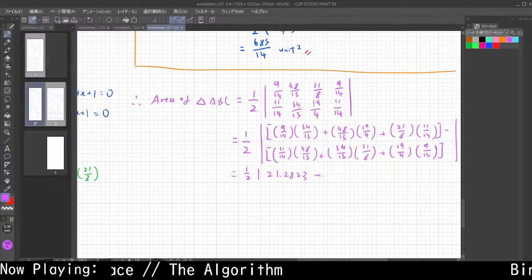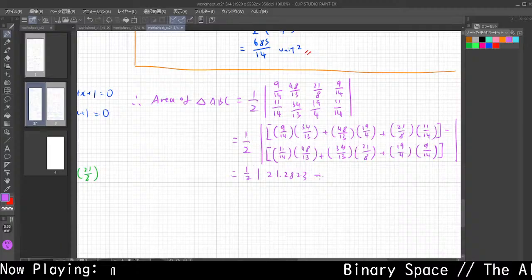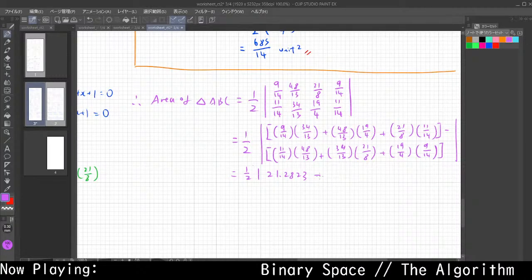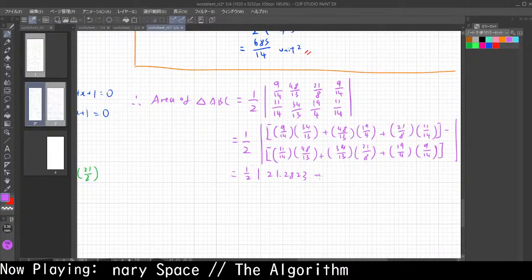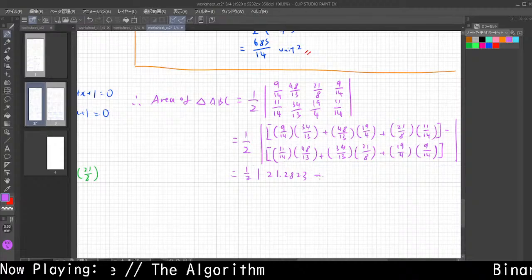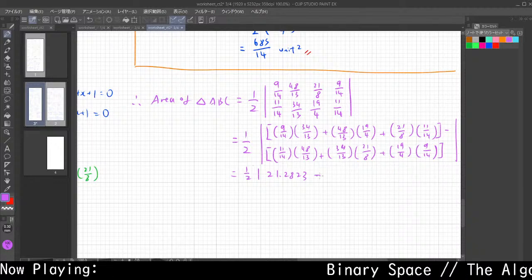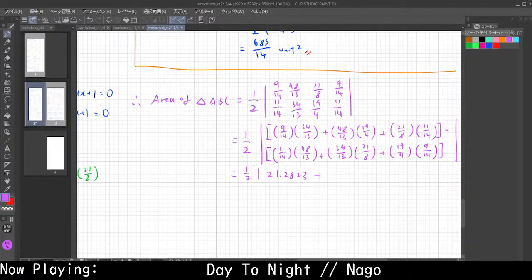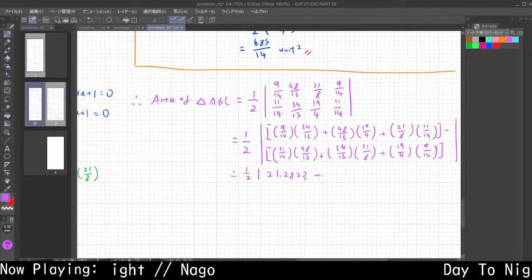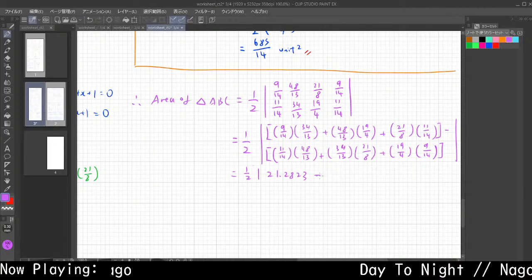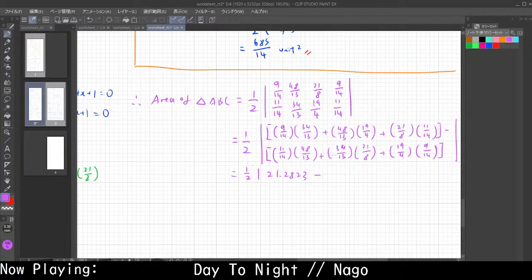The second half, let me calculate. This one is displayable as a fraction.